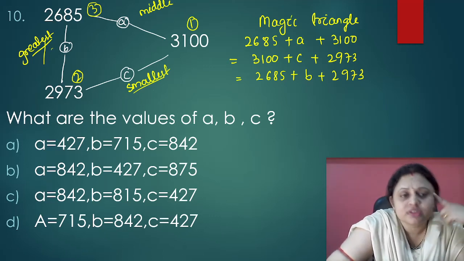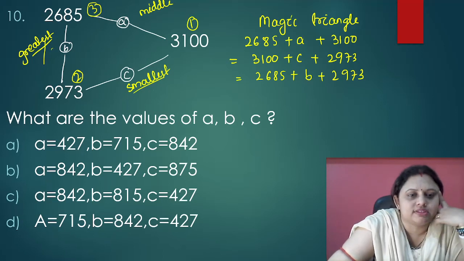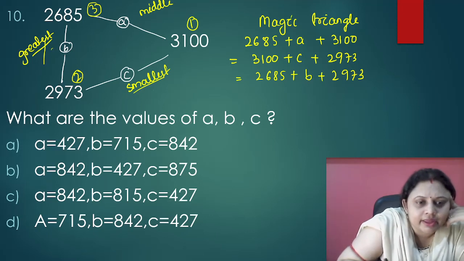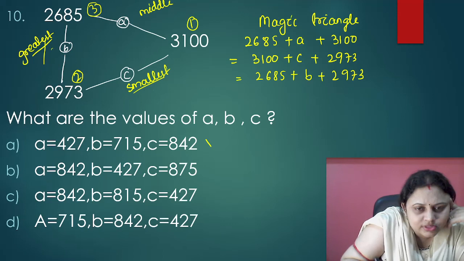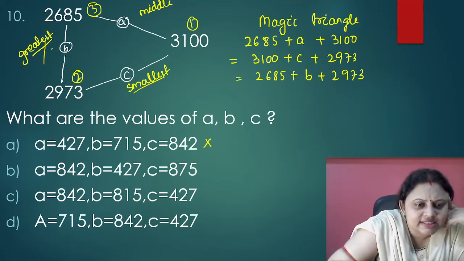Remember students, you have to check the option where C will be smallest, because 3100 is greatest and 2973 is next to the greatest number. So in which option is C smallest? A, B, C. Here C is not smallest, so this cannot be the option. Next, A, B, C. Is C smallest here? No, so it cannot be the option.